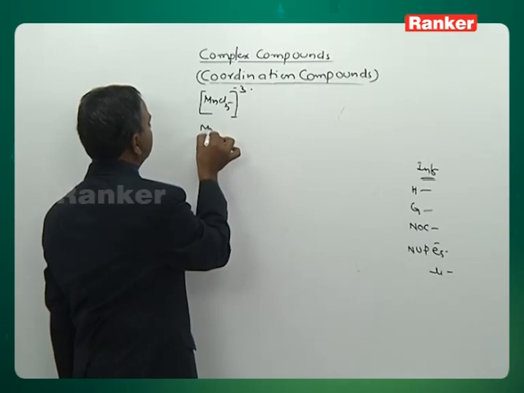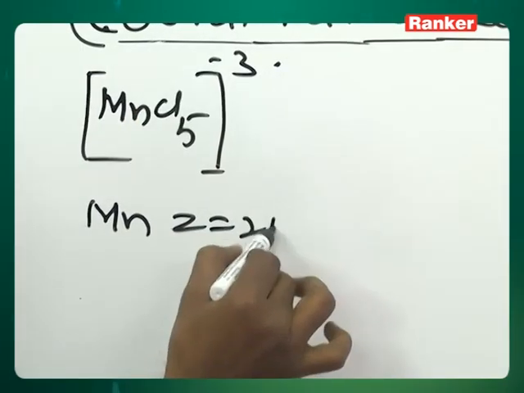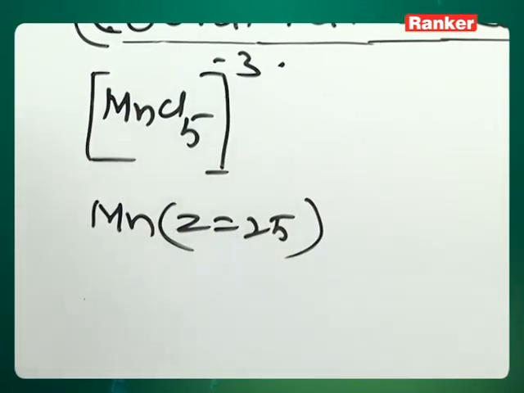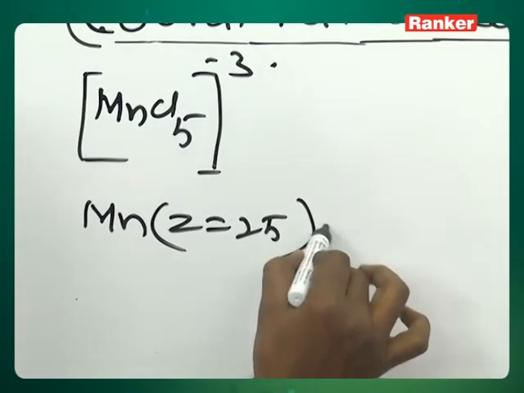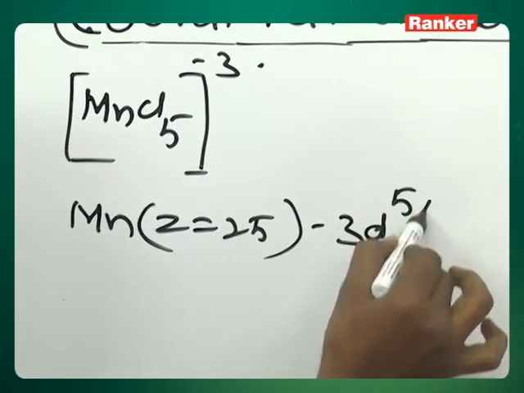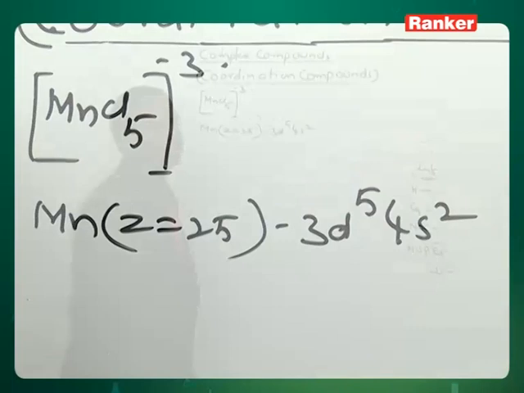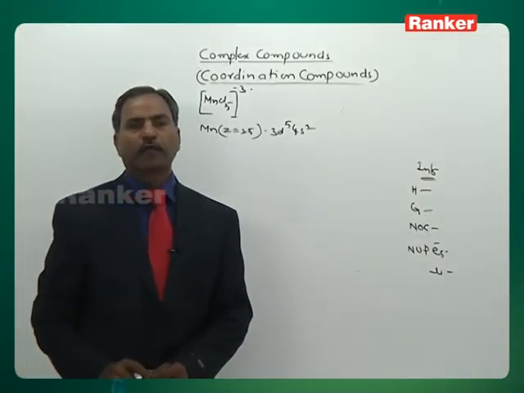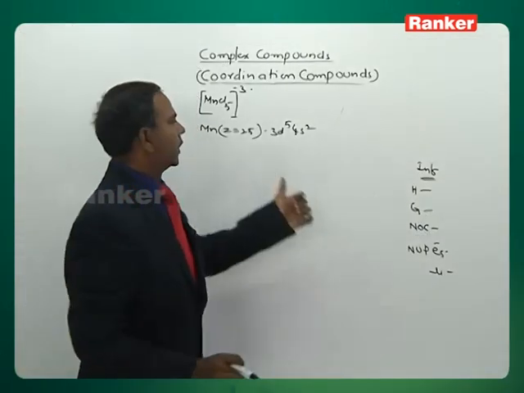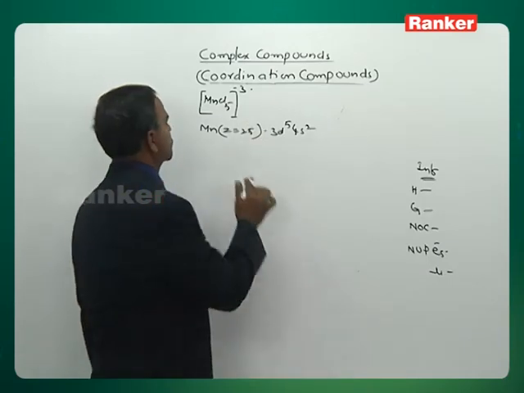Mn, Z is equal to 25. You know its electronic configuration: 3d5, 4s2. Then what is the oxidation number here? +2.